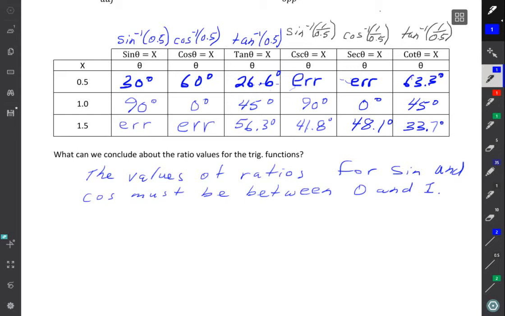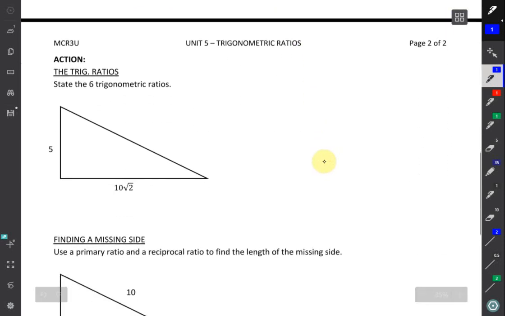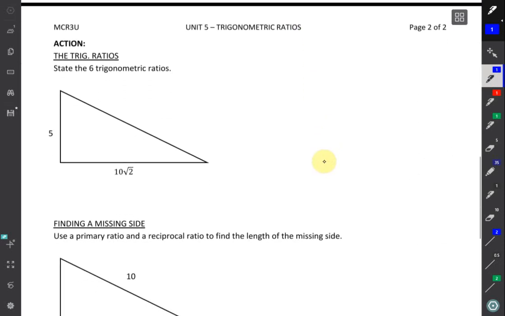All right, so that's a quick review of the primary trig ratios, sine, cos, and tan. And now our introduction to you of the reciprocal functions. Because this is very similar to what you did in grade 10, we do not need to do many examples here. First thing I would like you to do is go ahead now and write all 6 trig ratios for this triangle.